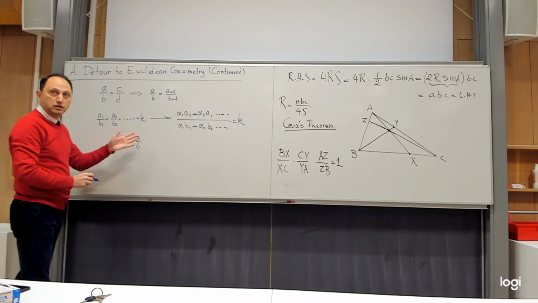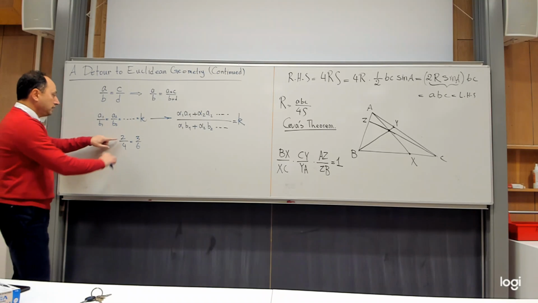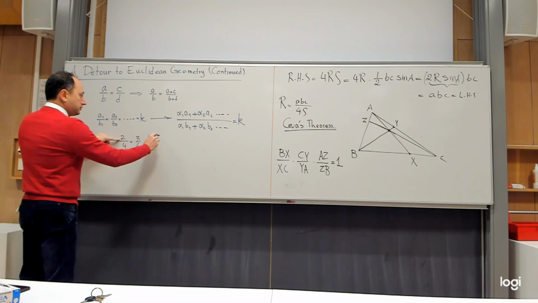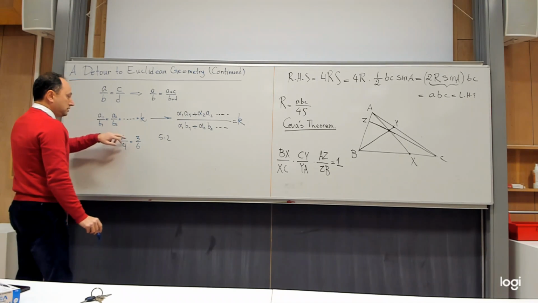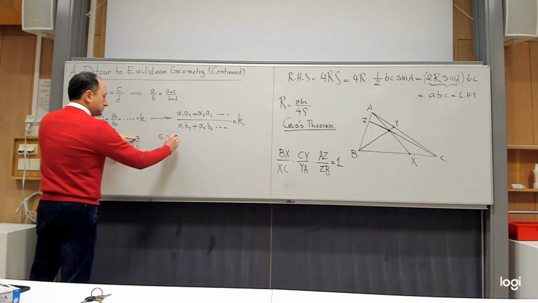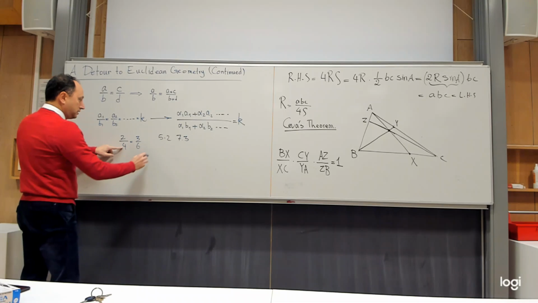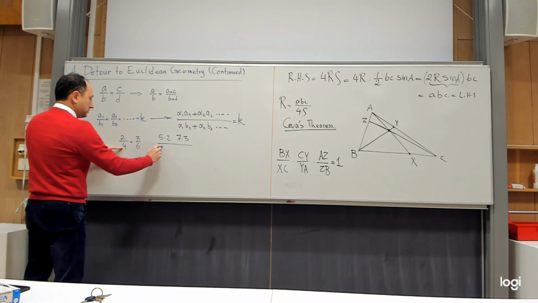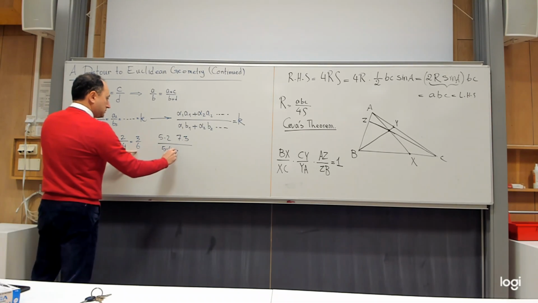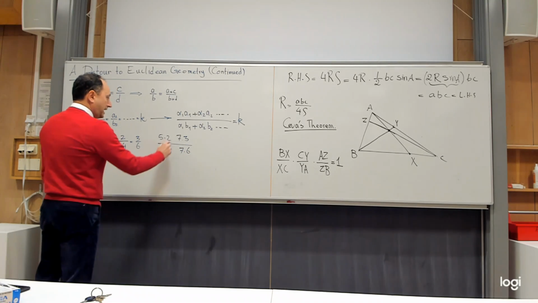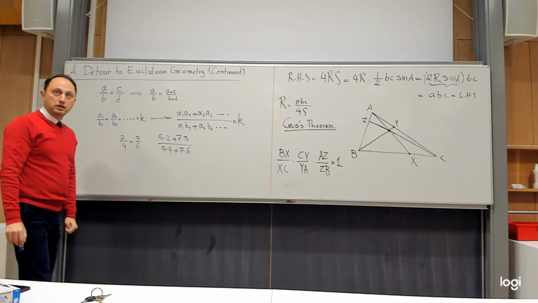Do you agree? Now let me multiply this by 5. Multiply this by 7. And I do the same thing here. Multiply this by 5. Multiply this by 7. Add these two. Let us see what happens.